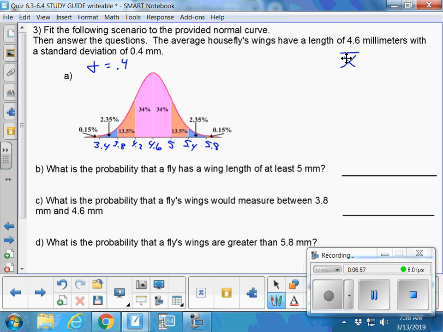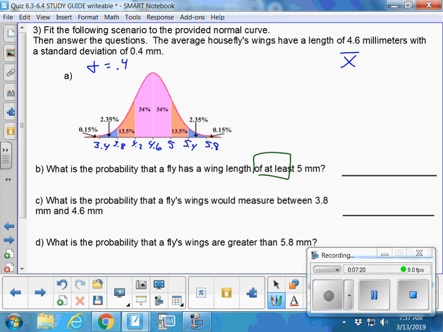What is the probability that a fly has a wing length of at least 5 millimeters? So there's that pesky "at least." Does at least mean 5 and above, or 5 and below? I always like to turn it into a situation in the classroom. At least 5 of you will get an A tomorrow.